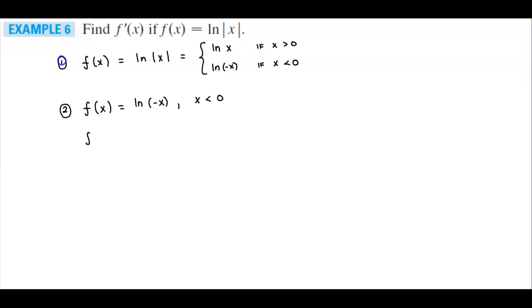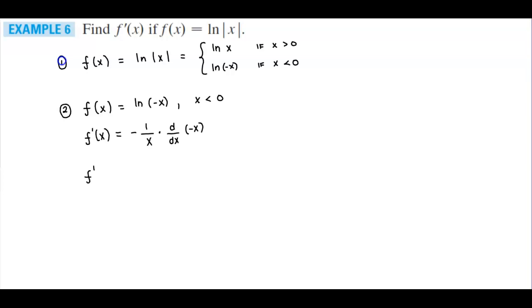So if we want to find the derivative of this function, this is f prime of x, which is going to equal, well, if it's the natural log of negative x, then that means we have negative 1 over x times the derivative with respect to x of negative x.